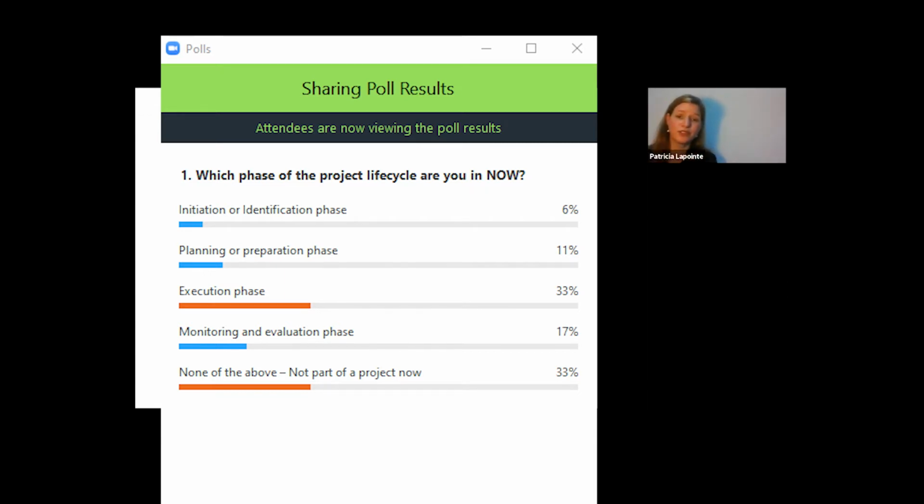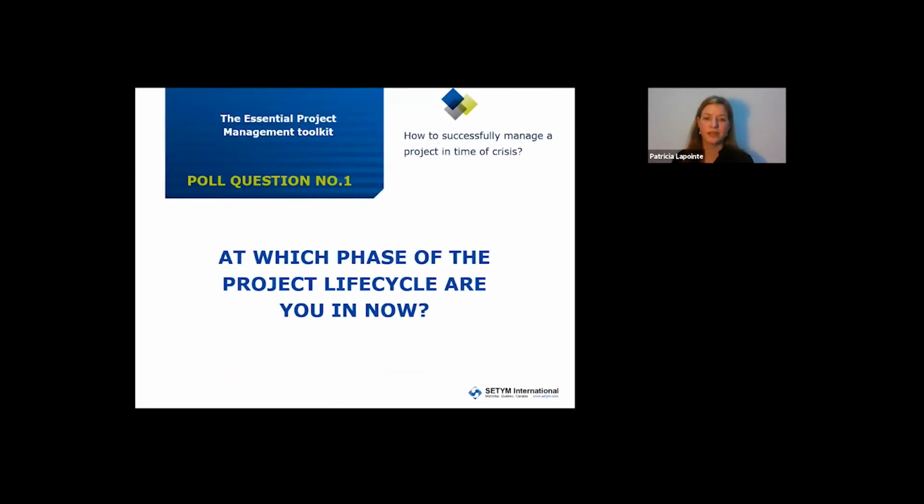So good to know. Okay, so we have the majority that are either executing a project or they're not in a project, they just want to know more information. So I'm glad I did this quick, brief introduction. But you'll see, I'll talk about what the key tools are for each phase. All right, so thank you. We are going to continue with the presentation.